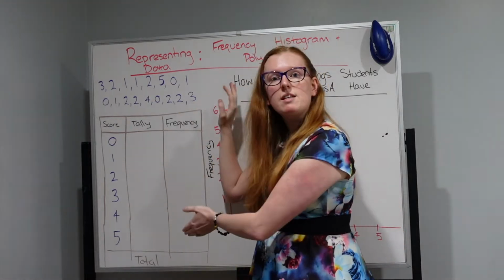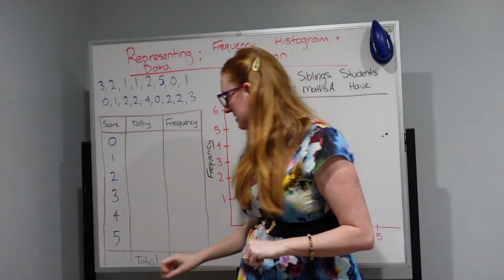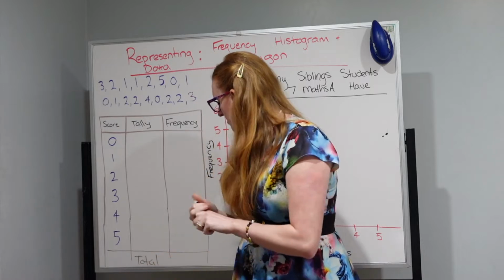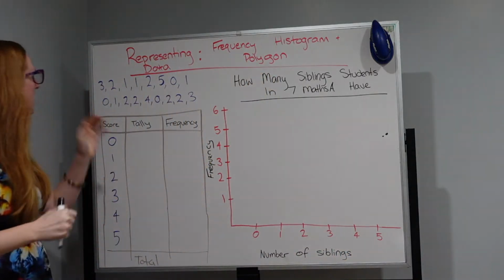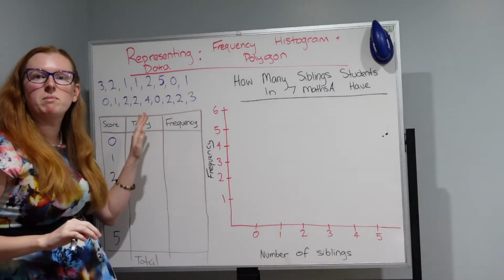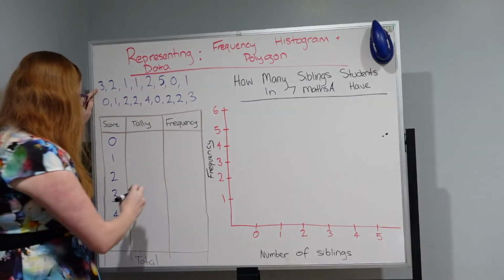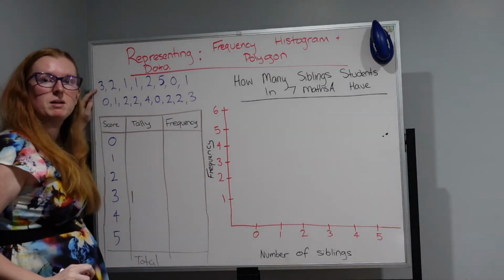So first things first, I want to fill out a frequency distribution table that we learned about in the last lesson. So let me grab my texter. What I'm going to do is put this raw data into my frequency distribution table. The first student had 3 siblings, so I'm going to put a tally mark there.